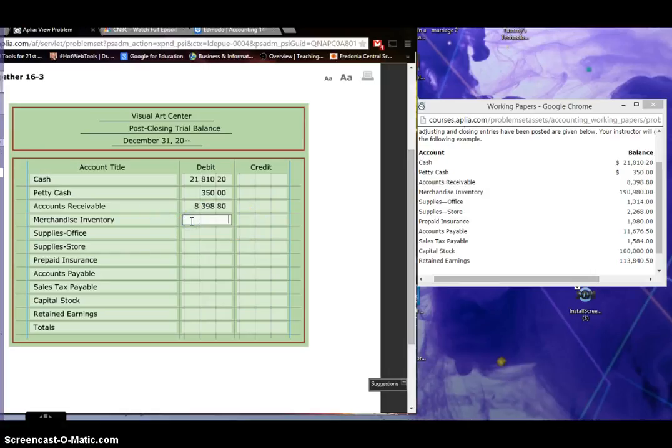Merchandise inventory is also going to be a debit. Supplies office and supplies stores are both assets, so those are both debits. Prepaid insurance is also an asset, so that is also a debit.